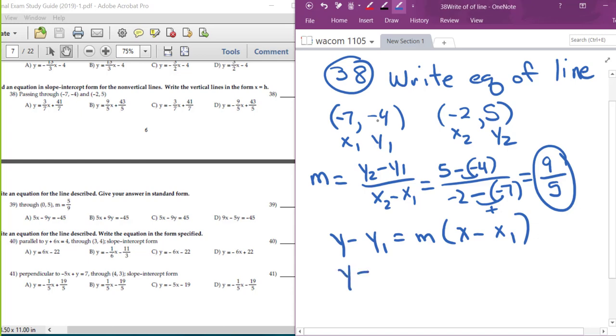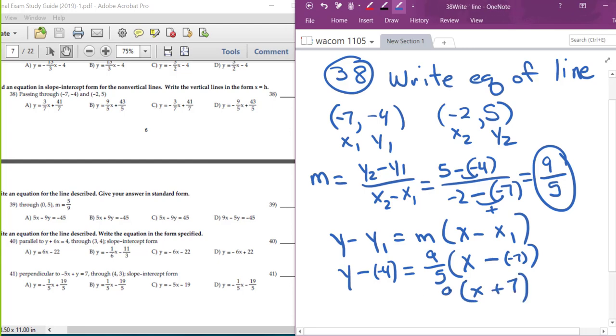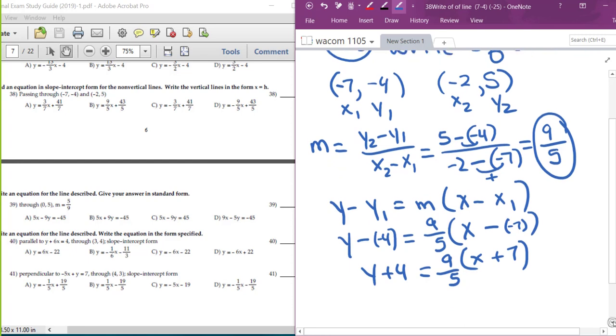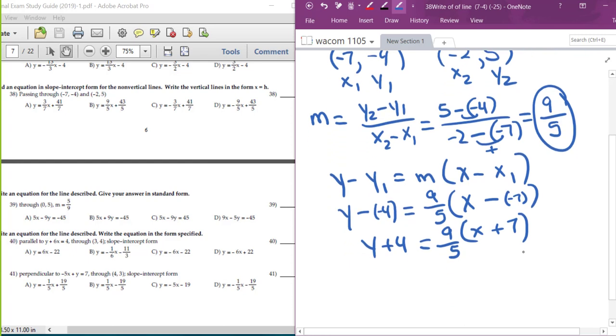So I'm going to do y minus y1 is negative 4. And you could have just gone ahead and put that as plus 9/5 times x minus a negative 7. So this will be x plus 7, 9/5, and y plus 4. So if they ask you for a point slope form, this is it.